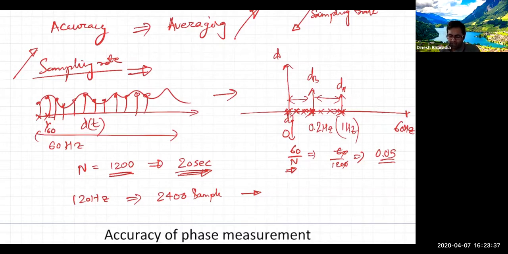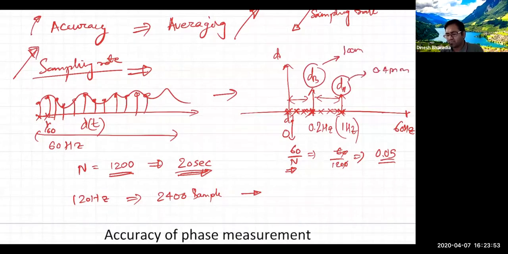Okay. So now we understand sampling rate and accuracy. This accuracy is important to make sure you get DH and DB, because DB is on the order of tens of centimeters, while this is on the order of 0.4 millimeters. So this comes to your accuracy, the smaller magnitudes of these signals, and how the noise and averaging of the noise plays into this.